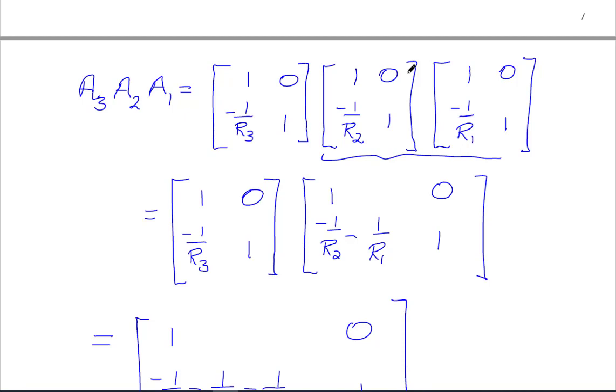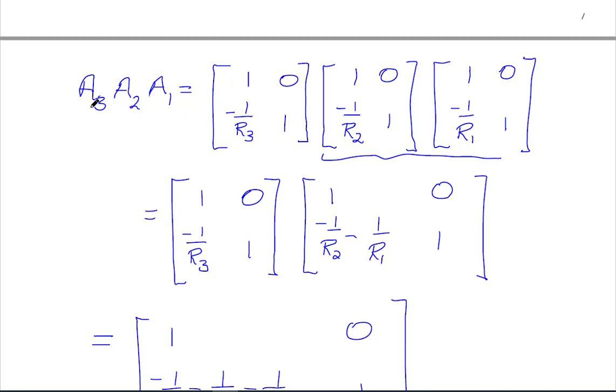1 times 1, 0 times minus 1 over R1. So that's just a 1. The only thing interesting is minus 1 over R2 times 1 plus minus 1 over R1. And so here's our transfer matrix for A2, A1.